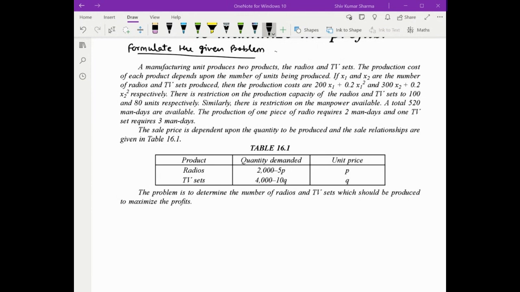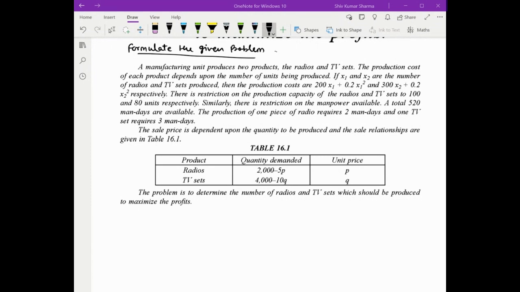There is a restriction on the production capacity of the radio and TV sets: 180 units respectively. So this restriction is given. And similarly, there is a restriction on manpower available. So the first one is the first constraint, and the second is the second constraint, which is based upon the manpower availability.